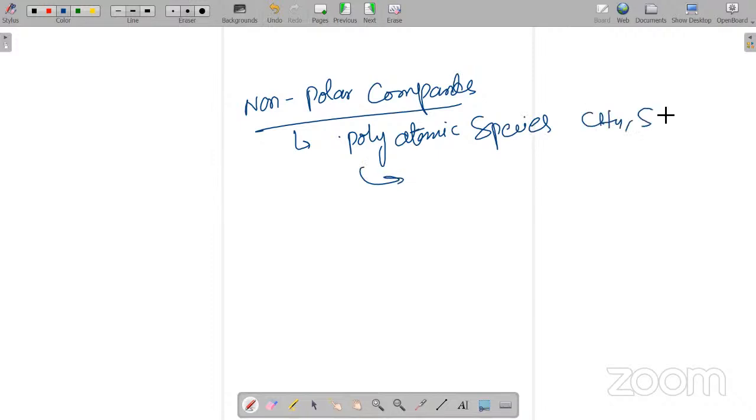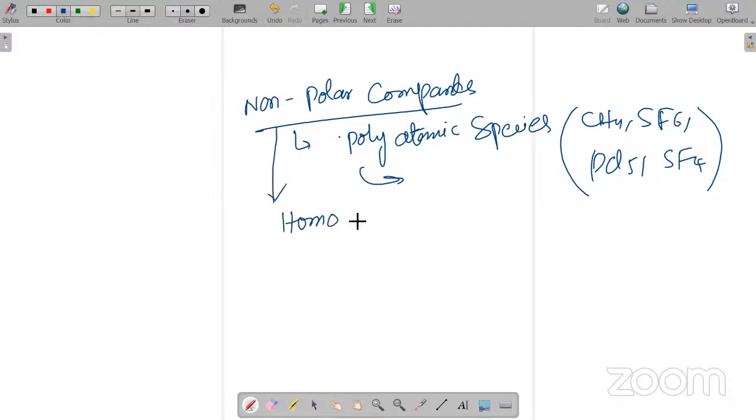CH4, CF4, SF6, PCl5, SF4. These all are polyatomic species. And you want to know which of them have polarity and which are non-polar. So usually non-polar are homoatomic atoms.